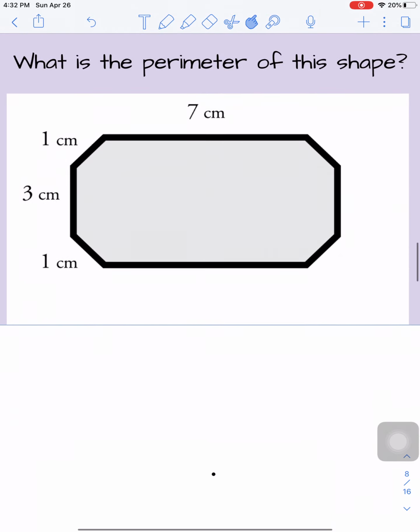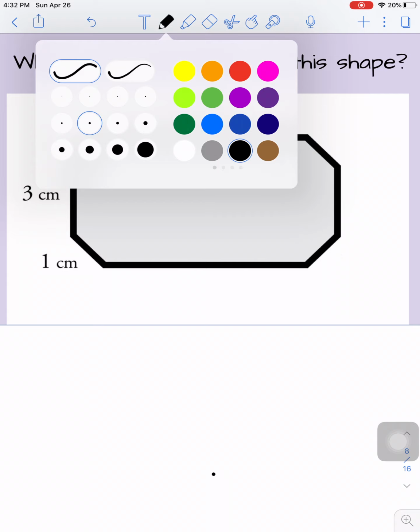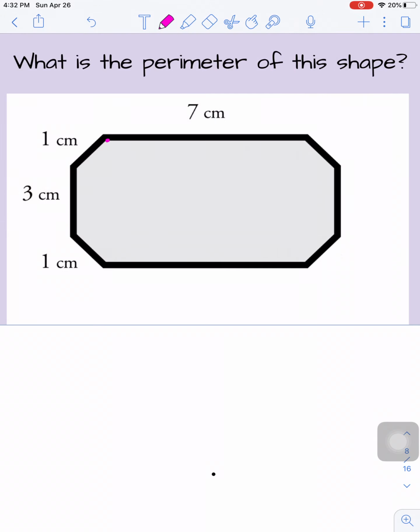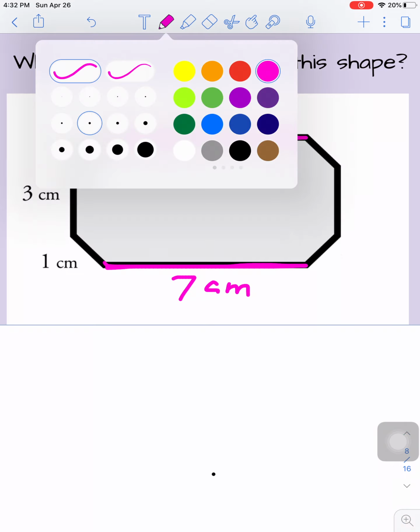Okay, our last problem. The big thing is to focus on what you do know. So I noticed this side has a length of 7. I do not know the length of this side, but I can tell that it's the same as the one labeled 7. So that's 7 centimeters.